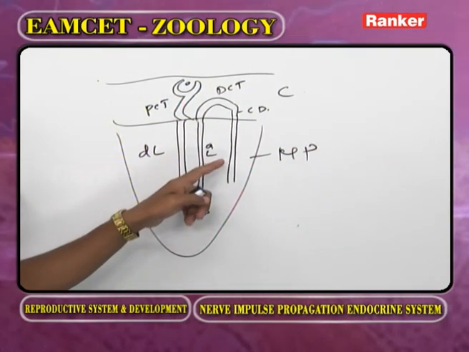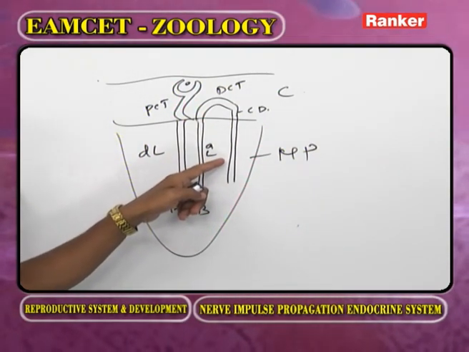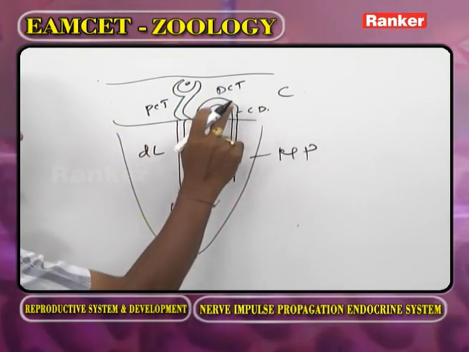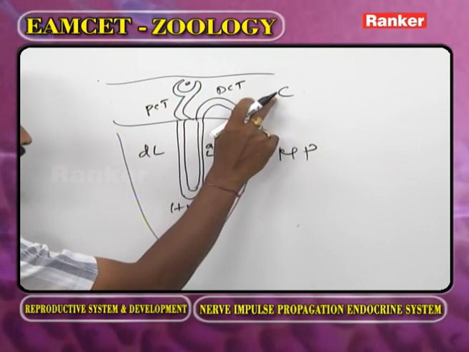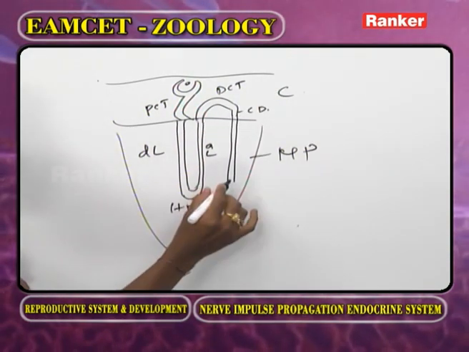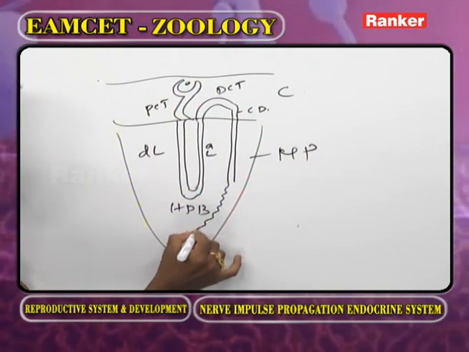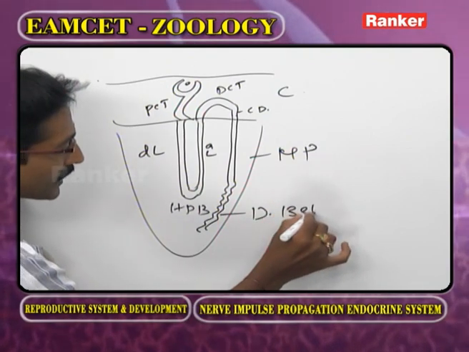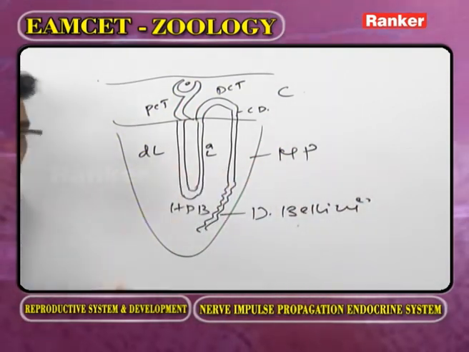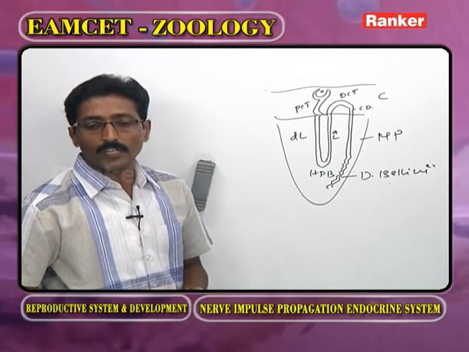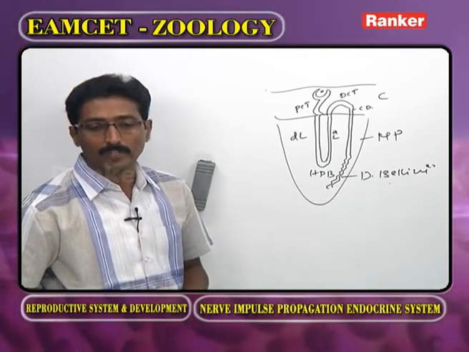It starts in the cortex and enters the medulla. All collecting ducts unite to form the ducts of Bellini. Based on this information, which of the following are confined to the renal medulla?